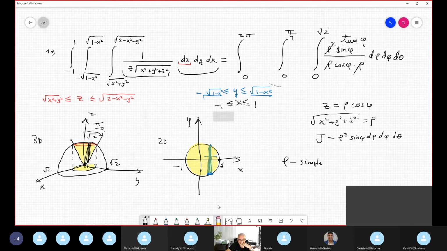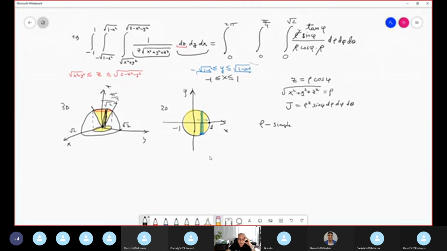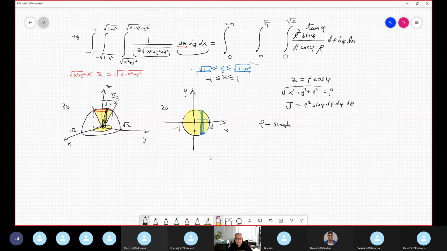Okay, so now, fortunately, we have limited constants, we have separable functions, and we can separate into three integrals. The first one is the integral from 0 to pi, d theta. I know by memory the answer is 2 pi.